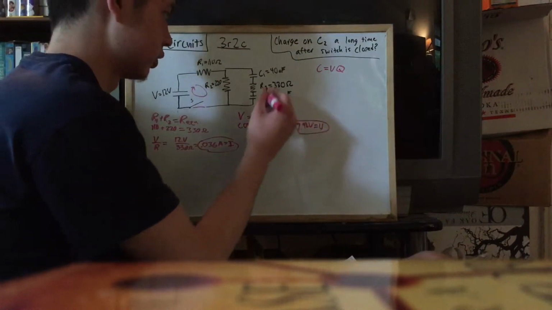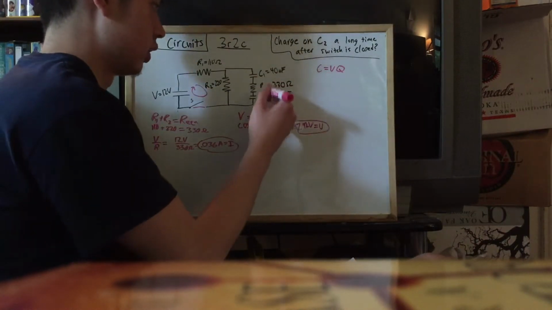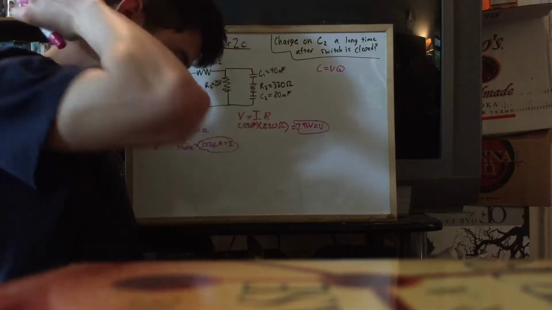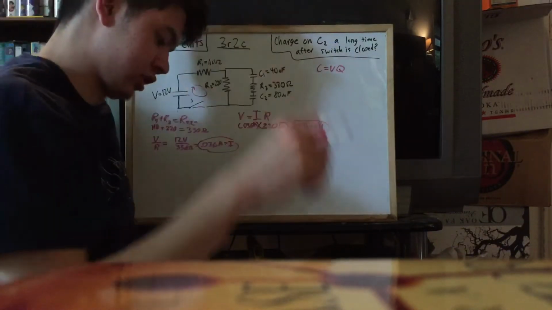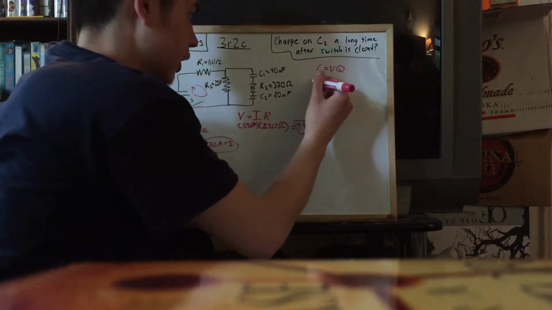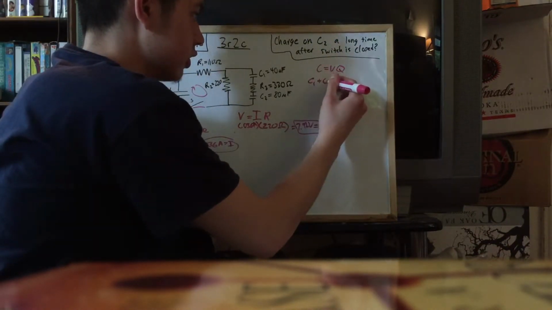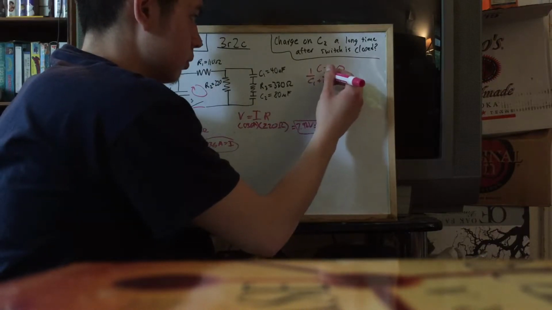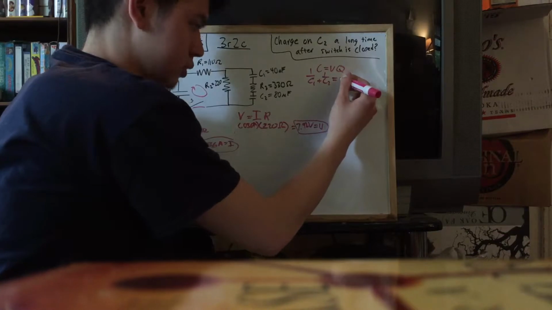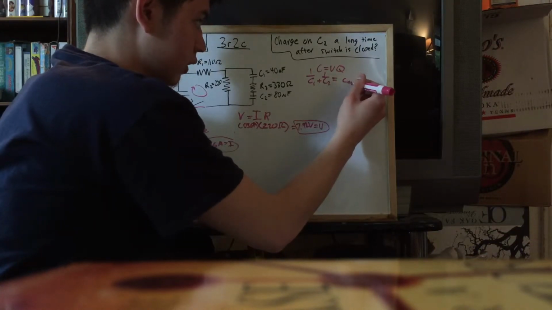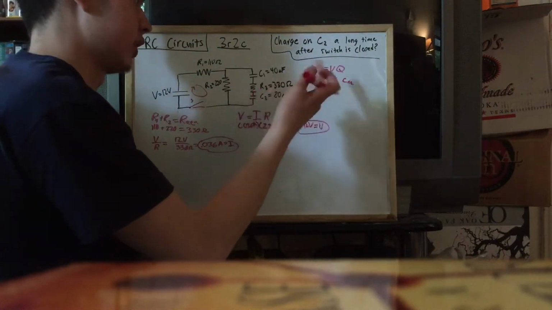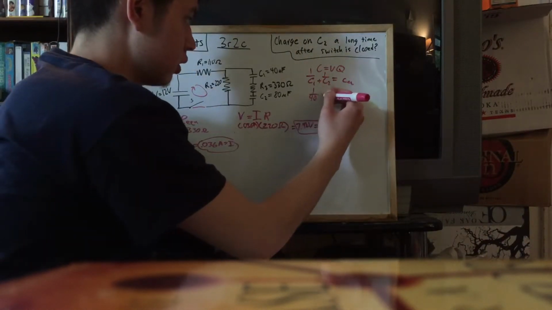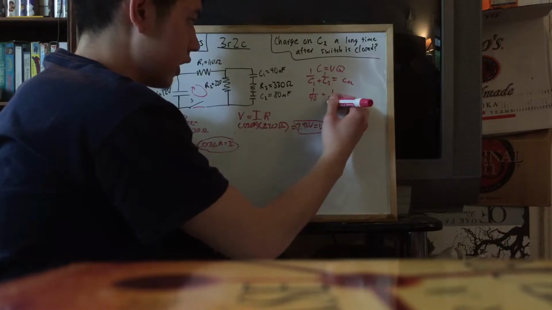What we're first going to do is add these two capacitors up to get an equivalent capacitance. C1 and C2 give C equivalent. Now remember, for series capacitors you have to add the inverses: 1 over 40 plus 1 over 80.